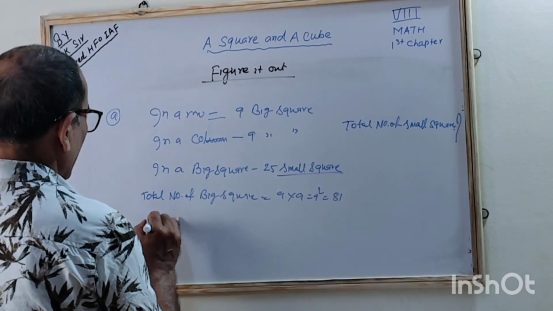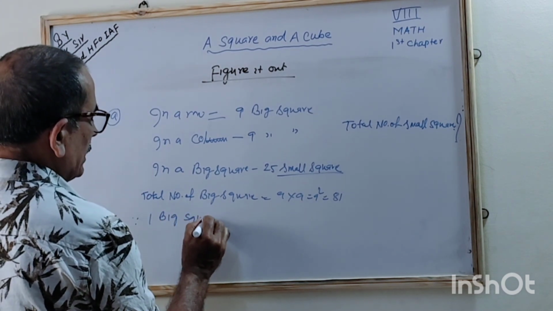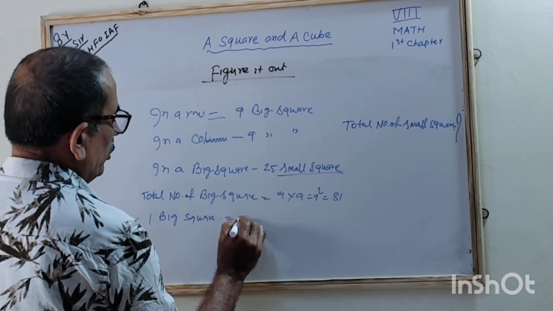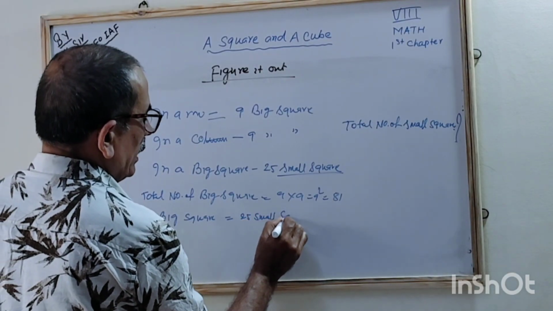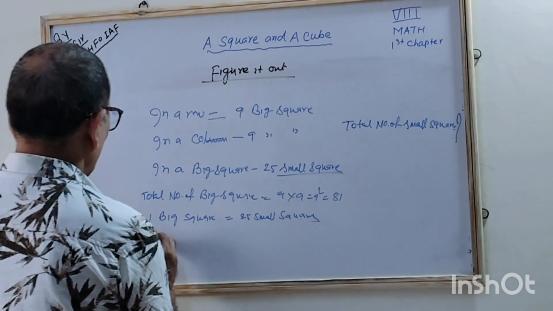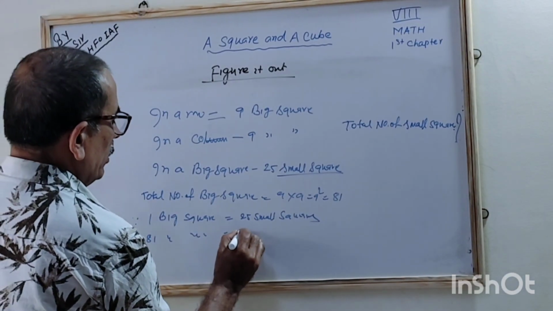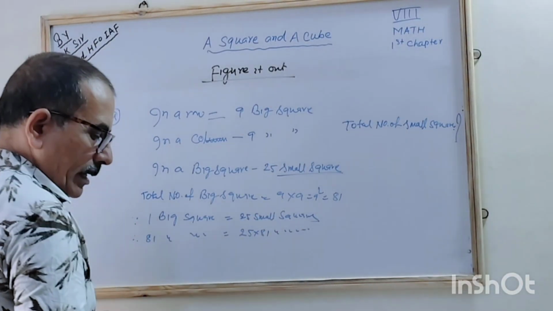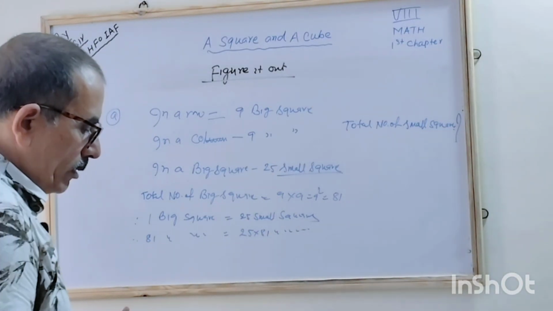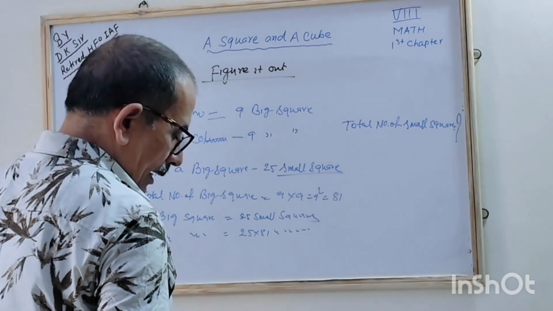Since one big square has 25 small squares, the 81 big squares will have 25 into 81 small squares.